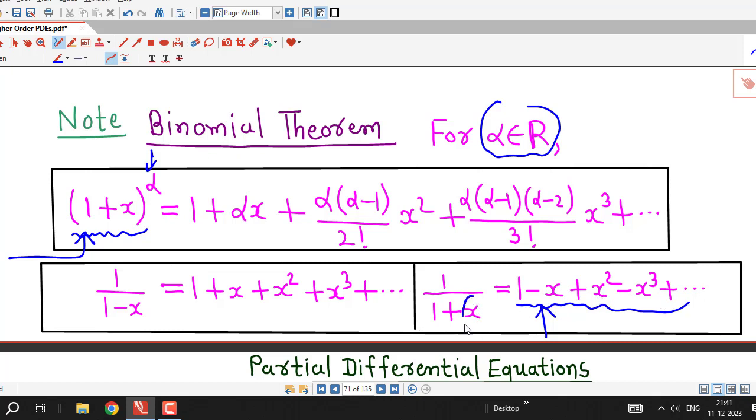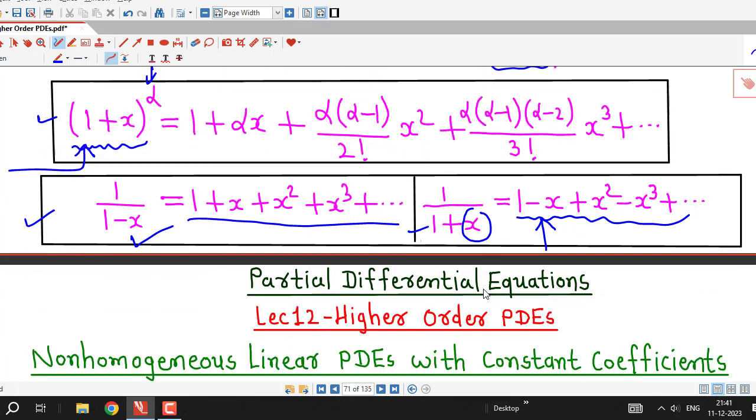And if we replace x by minus x everywhere in this equation, we will have this representation of 1 over 1 minus x. So whenever I have 1 over 1 minus x, I will write it as an infinite series in powers of x, and each term is positive here. So we will keep in mind these three formulas that we will require, and if the powers are minus 1 and 1, we can directly use these two formulas.